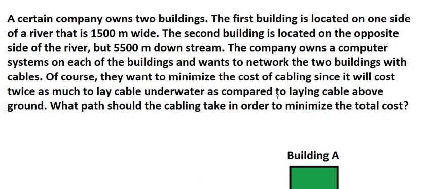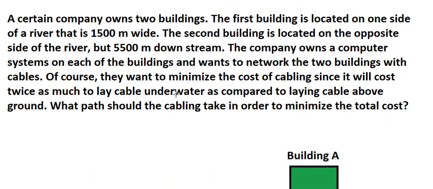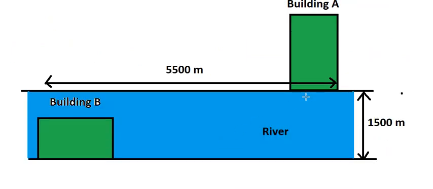The question is that they want to set up a cable to connect building A to building B, but the cable under the water costs more than 2 times the cable on the route.